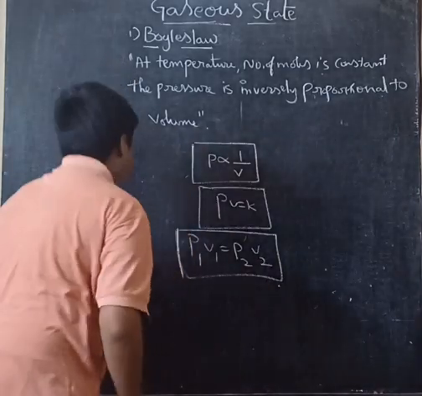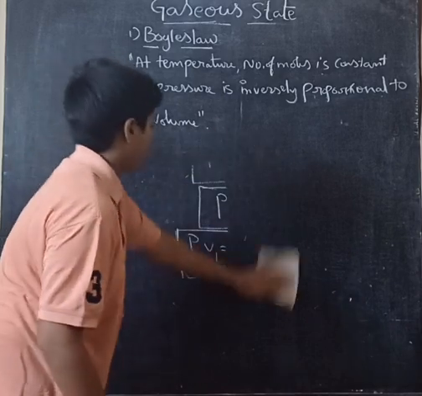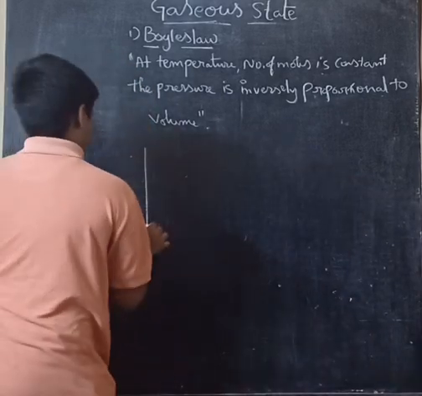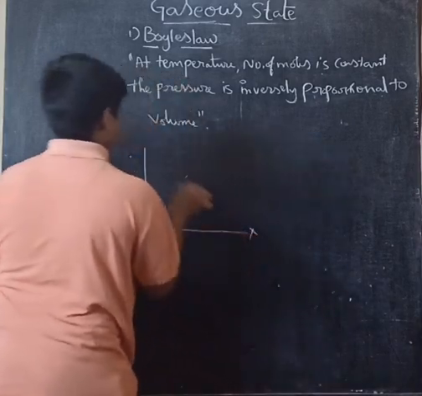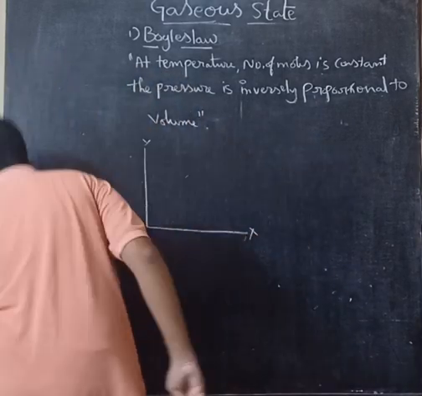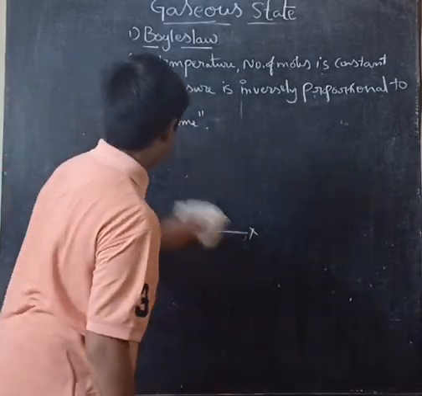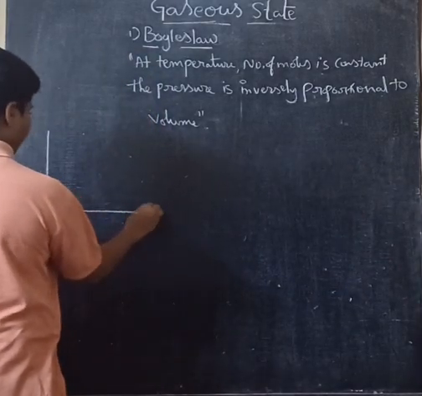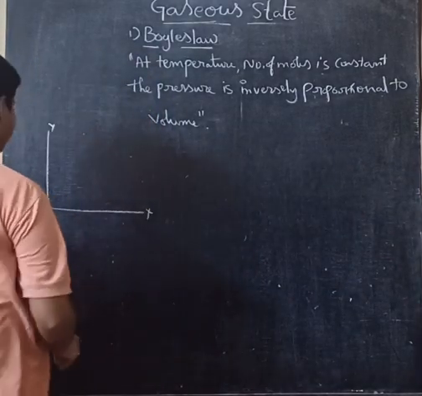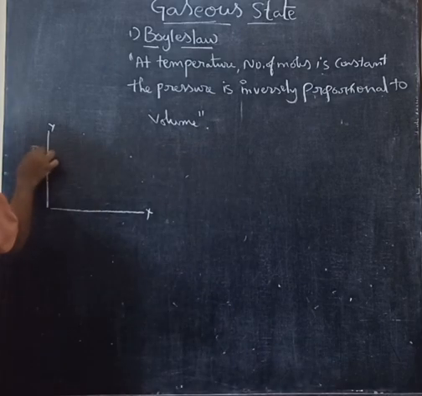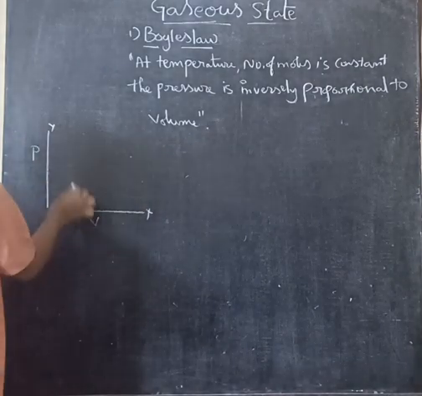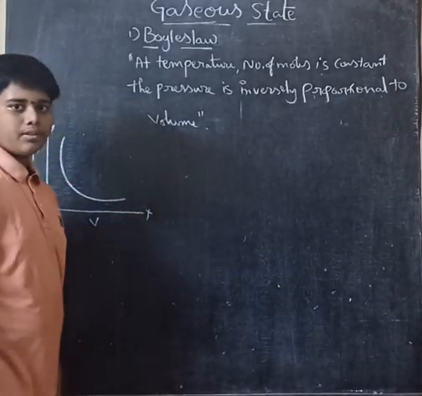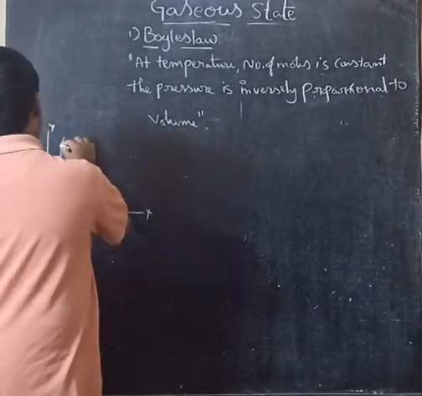Now some graphs: with x-axis and y-axis, if I take P and V, the graph is a hyperbola.